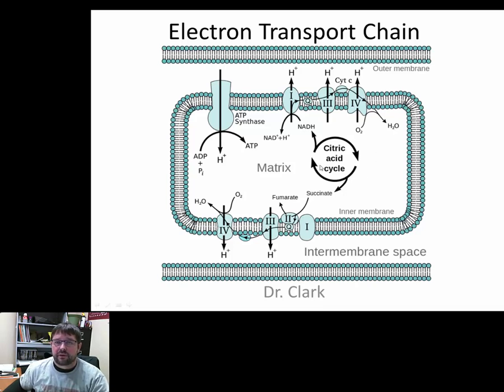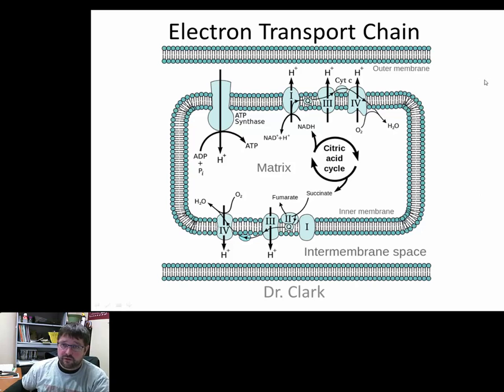Now we're going to talk about how the intermediate molecules, or the electron transport molecules, make it through the electron transport chain, and the energy utilized by that movement of electrons and protons to drive the production of ATP.